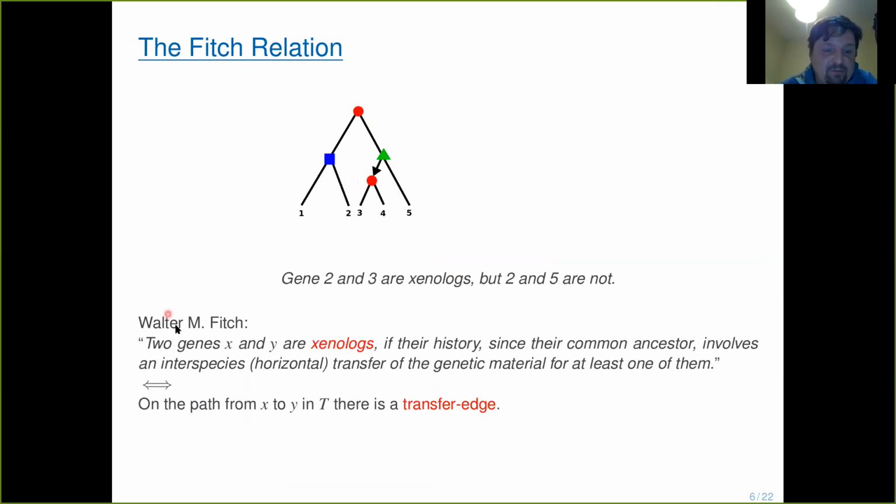This definition of Walter M. Fitch can simply be rephrased: on the path from X to Y in the gene tree T, there is a transfer edge. This is simply the translation of this long sentence. By way of example, 2 and 3 are xenologues because on their path there is this transfer edge, while 2 and 5 are not because on their path in this tree there is no transfer edge.